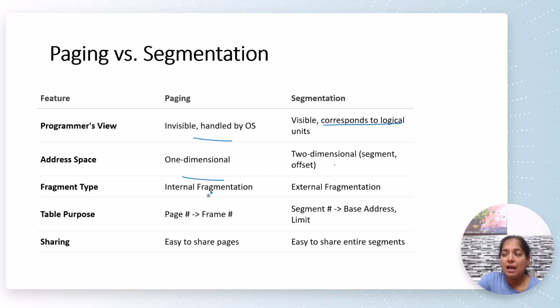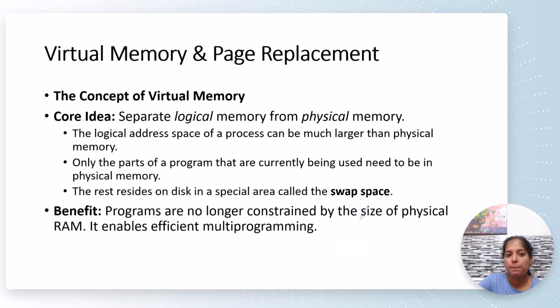Paging has the problem of internal fragmentation, whereas segmentation suffers from external fragmentation. In paging, we use a table of page number and frame number, whereas in segmentation, the table has segment number, base address and limit. In paging, it is easy to share pages, whereas in segmentation, it is easy to share the entire segment, not just the pages.